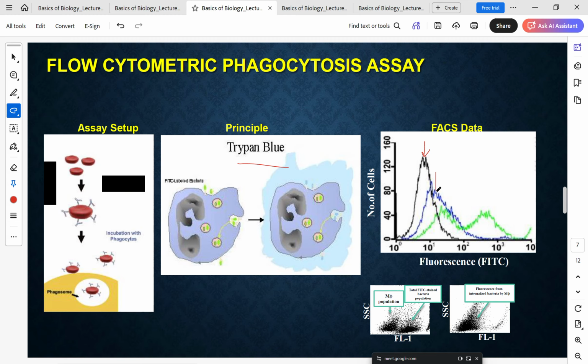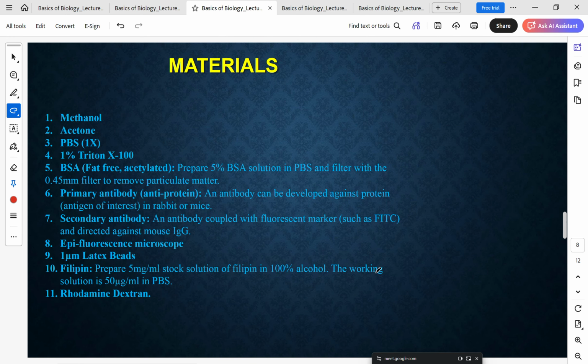The blue line is without any trypan blue quenching, and the green one is with trypan blue quenching. So you get a proportion of how many bacteria the cells have taken up, and how many cells have taken up the bacteria. Both of these parameters you can know. Okay.